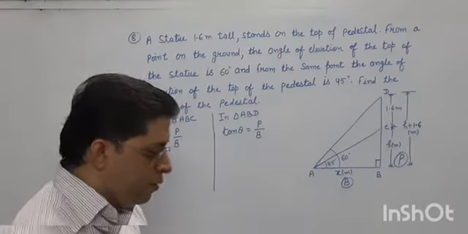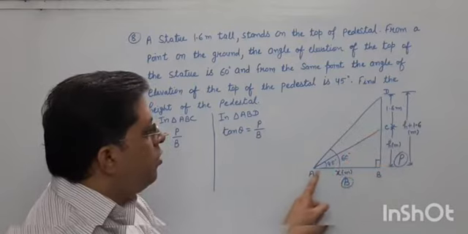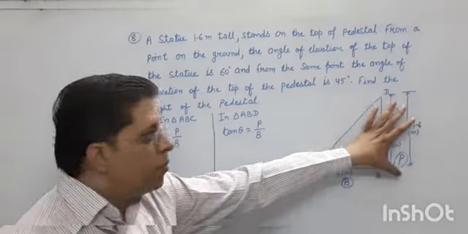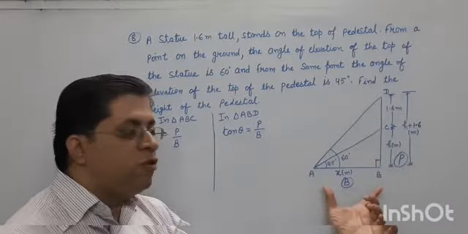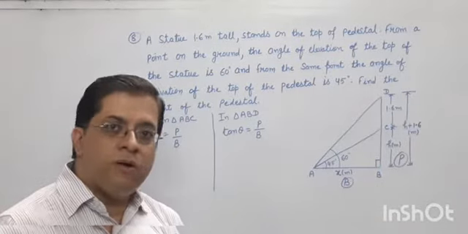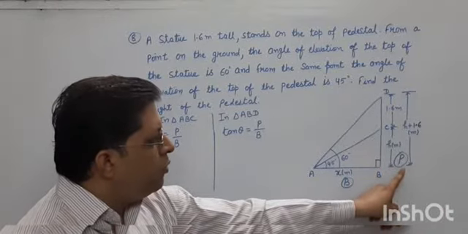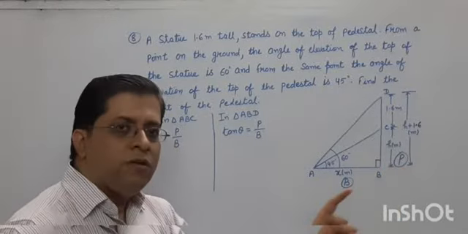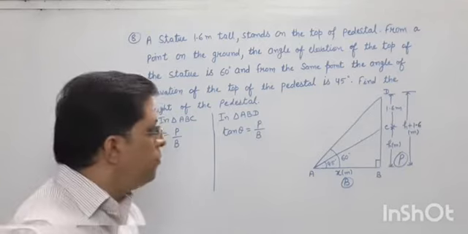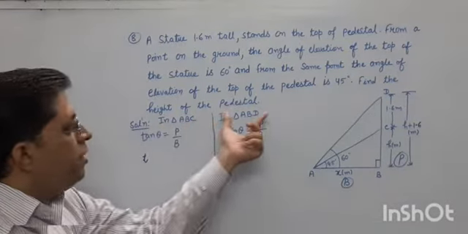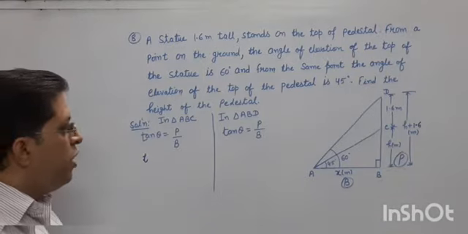If I take triangle ABD, the perpendicular is BD and the base is AB, which is x. If the relation is given in perpendicular and base, you have to take tan theta. I have taken two triangles, ABC and ABD.